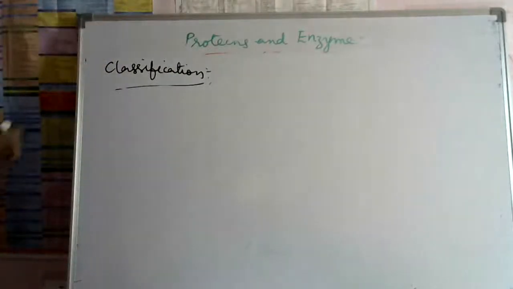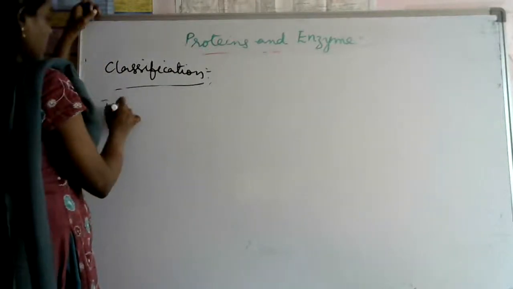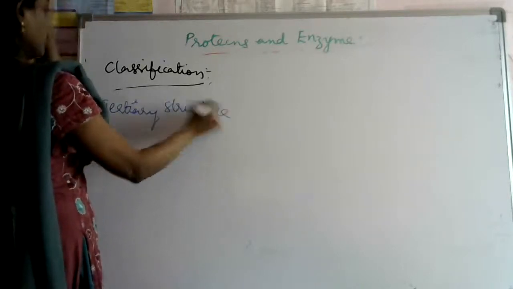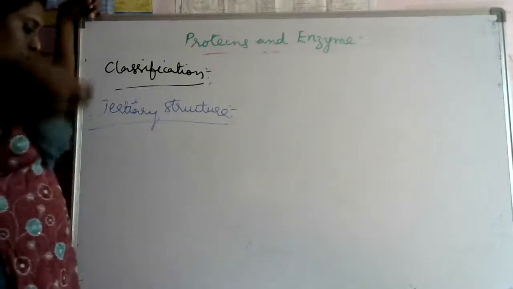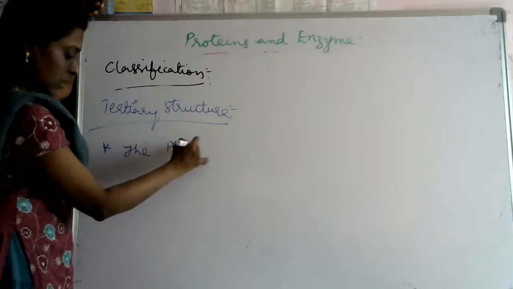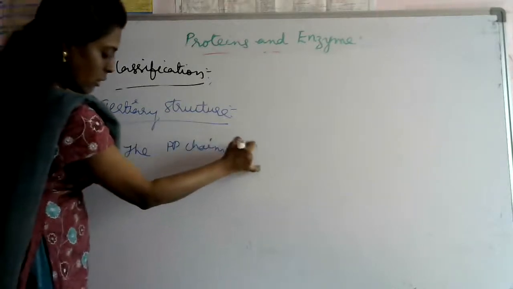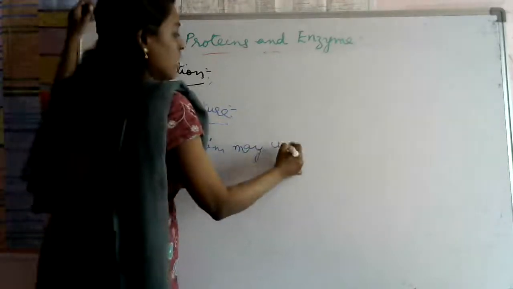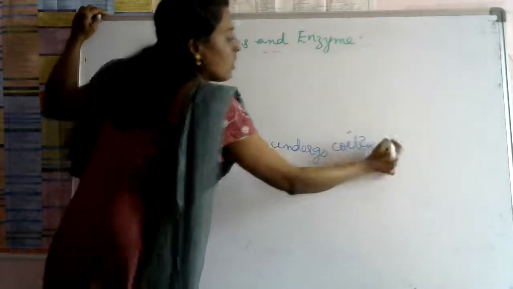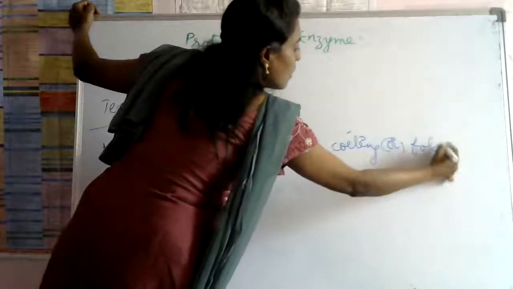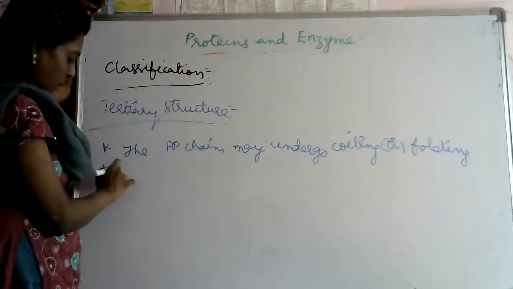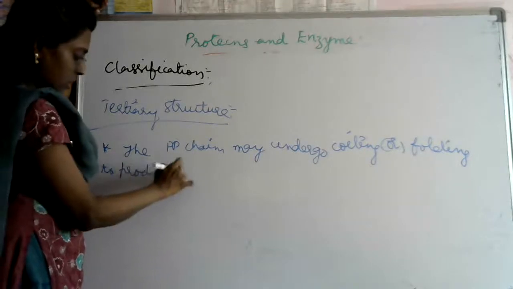Tertiary structure. The polypeptide chain may undergo coiling or folding to produce the tertiary structure.